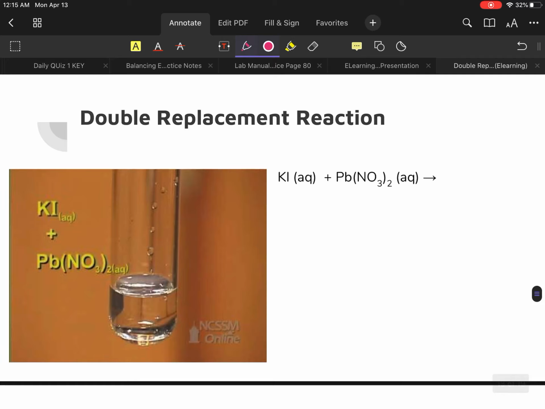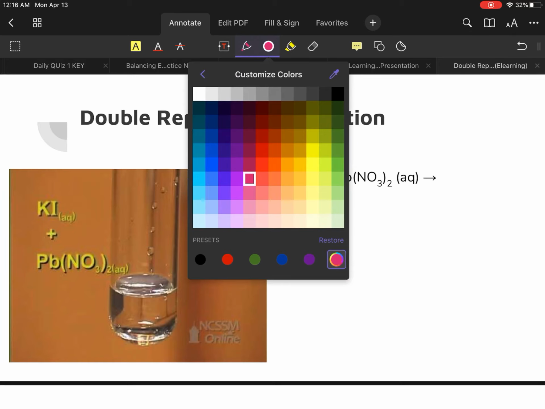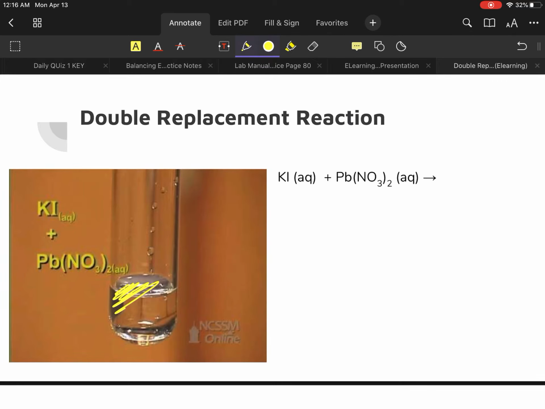So here is one reaction. I'll post the actual slides too, so you can go back and watch this video. Since I saved this as a PDF, it's not going to play, but when I add these two things together, what I end up getting is this really pretty yellow substance at the end.